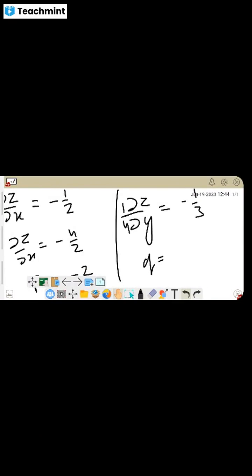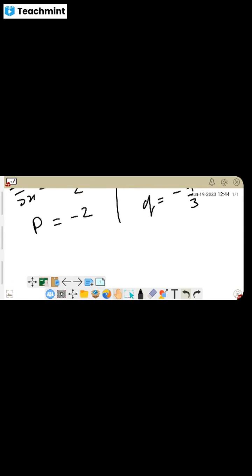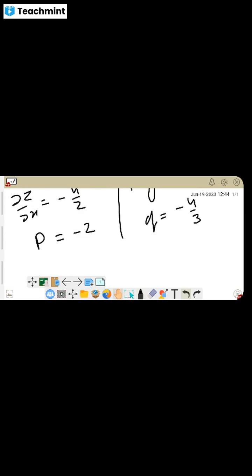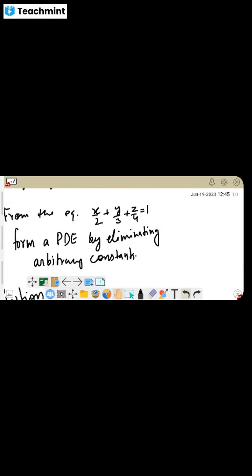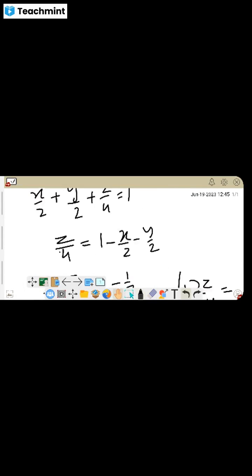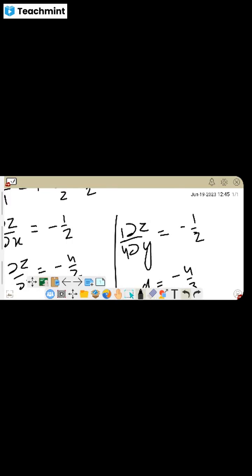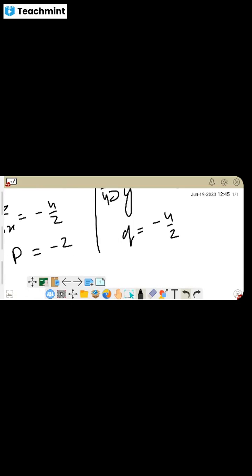And we have here minus 4 by 3, and equal to minus 2.